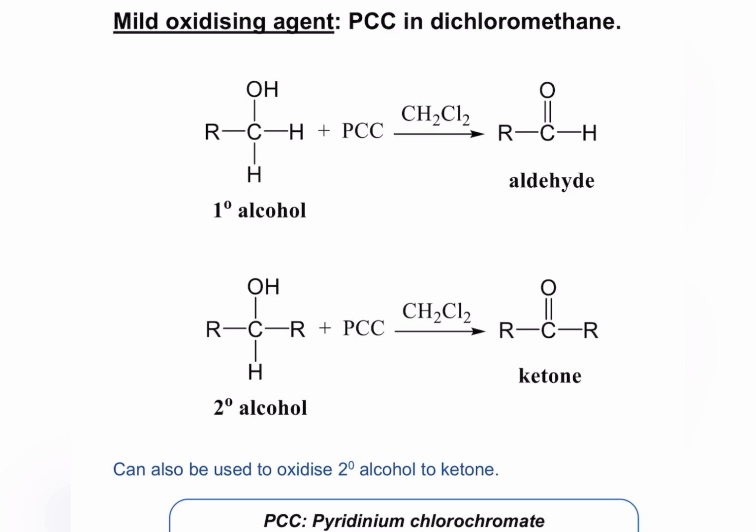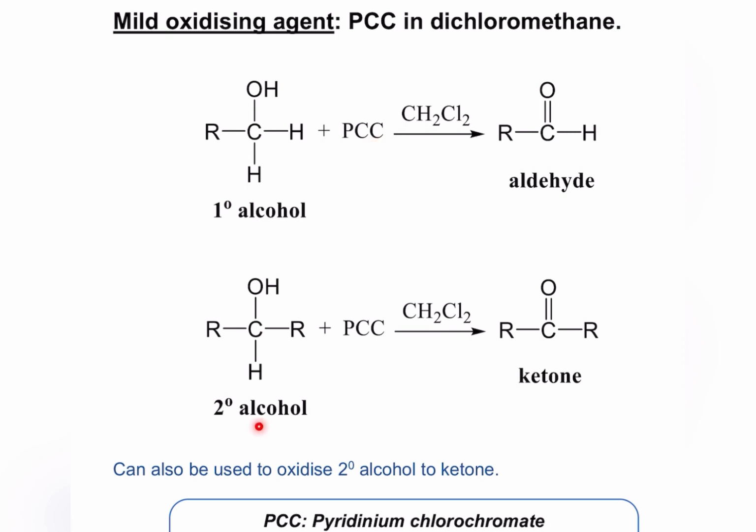So if I have primary alcohol reacting with PCC, with dichloromethane on top of the arrow, I can form aldehyde. So please make sure here it is aldehyde, not carboxylic acid, because when you use a strong oxidizing agent, you can form carboxylic acid from primary alcohol. But the difference here, when you use PCC, your mild oxidizing agent, you will form aldehyde.